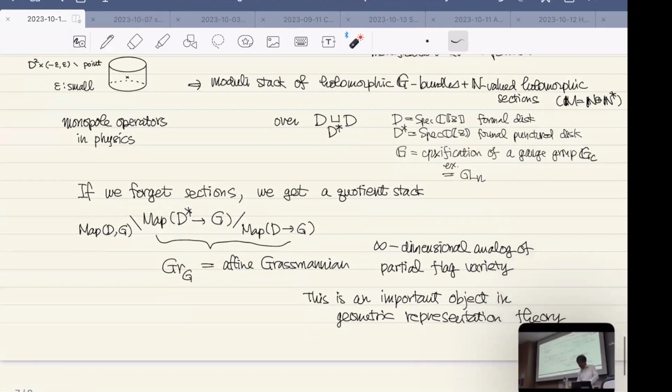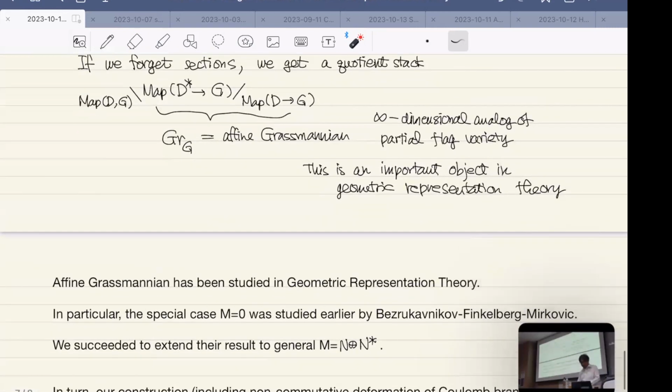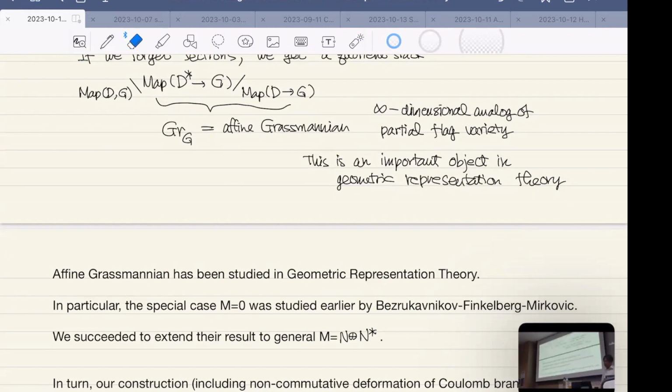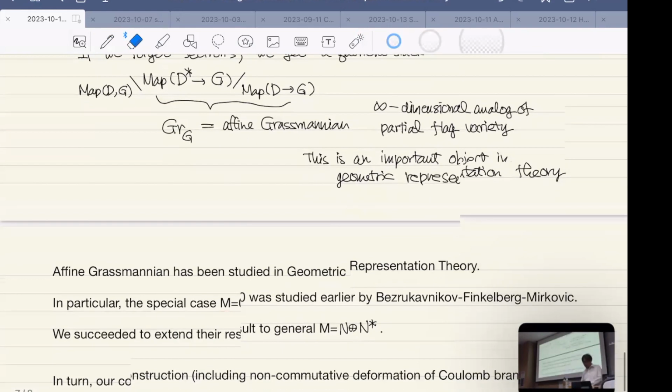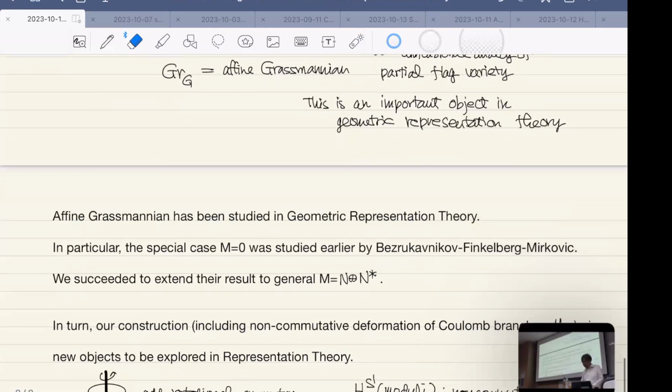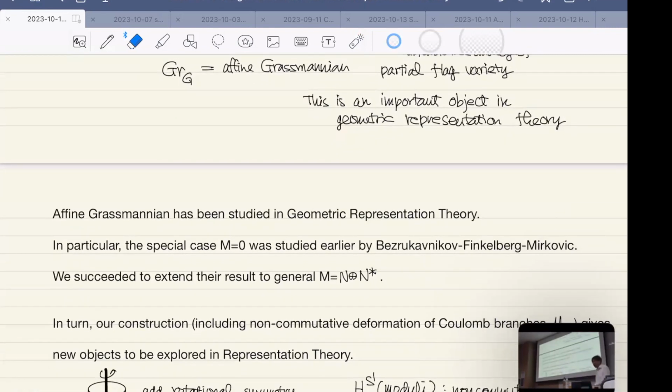If we don't consider this additional section, then we just get the affine Grassmannian, and its homology group was in fact already studied earlier by Bezrukavnikov, Finkelberg, and Mirkovic. They studied its commutative ring and computed its spectrum. They get a space called the universal centralizer by this construction, and this space is very important in geometry.